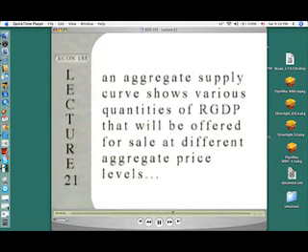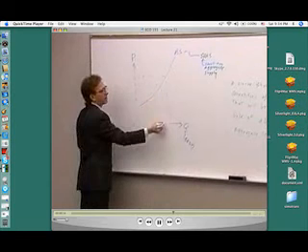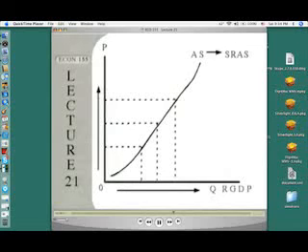And you can see exactly that as the price level changes, with a higher price level, there is a larger level of goods and services offered for sale.